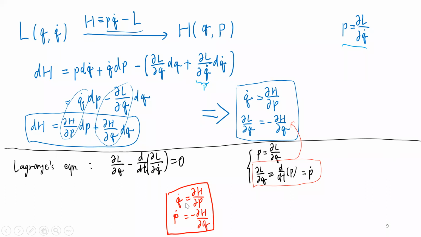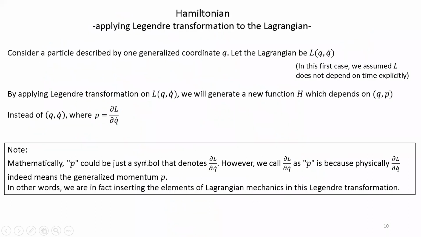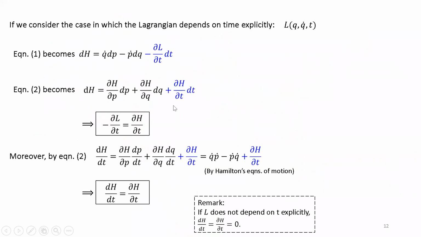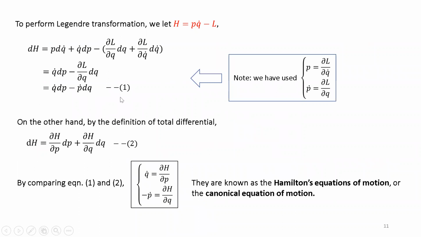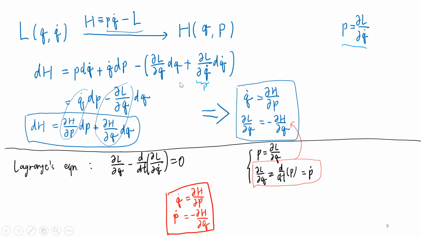But I hope that at least you're convinced that these are equations of motion of some form, so they can tell you the motions of your particle. These two slides basically summarize what I just wrote down here, but here I clearly tell you which step is the math and which step is the physics.